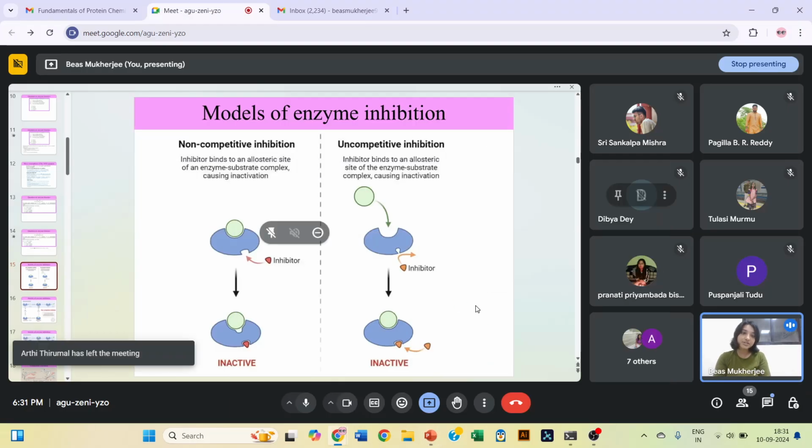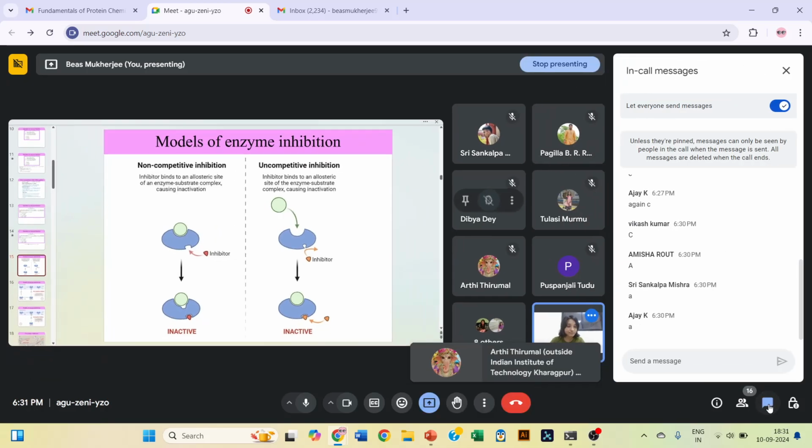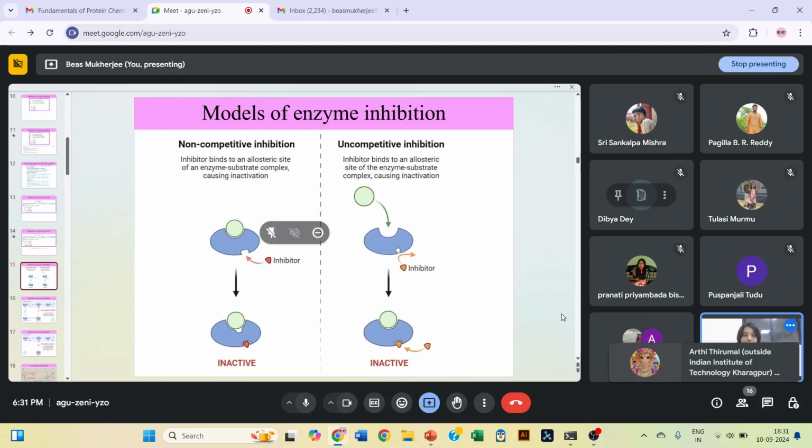Now enzyme inhibition is something that you already have studied in school, right? So this should be a quick revision for us. Now I remember a lot of us used to be very confused about non-competitive and uncompetitive inhibition. So today let's clear out that doubt.